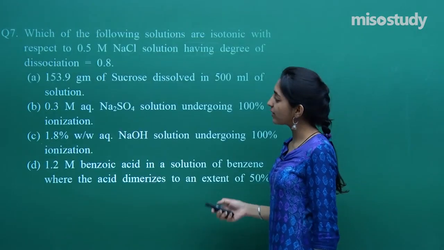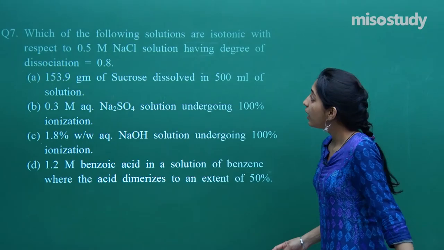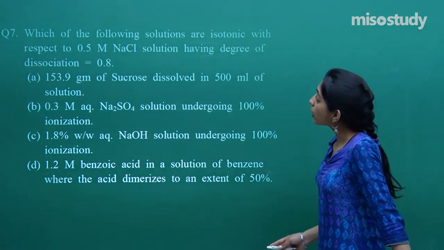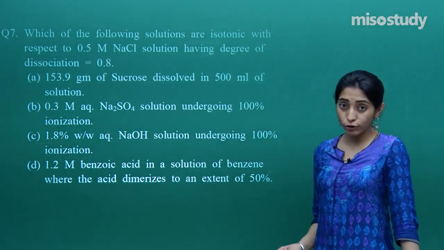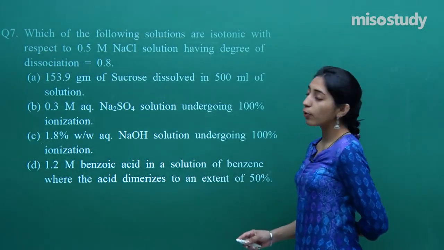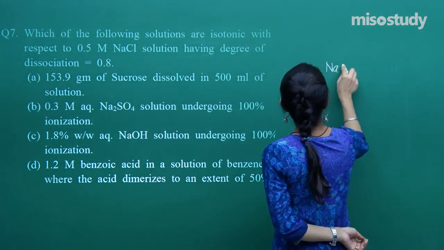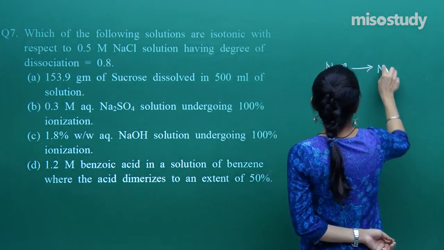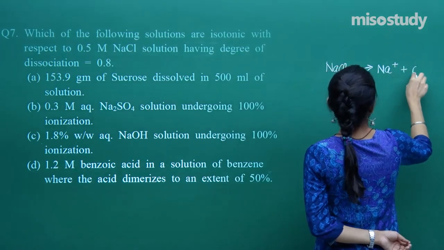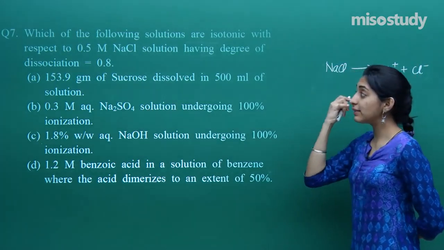Question number 7 is, which of the following solutions are isotonic with respect to 0.5 molar NaCl? We know NaCl undergoes dissociation as Na plus and Cl minus, having the degree of dissociation as 0.8.